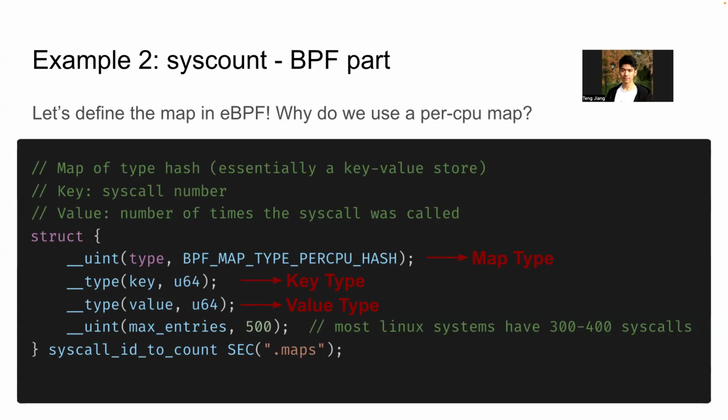Okay, I think the same question: why such a weird syntax? Why not just write key is u64? I actually don't think that's needed. If you ever run it with minus E, combined with minus E, that should actually resolve all the macros.